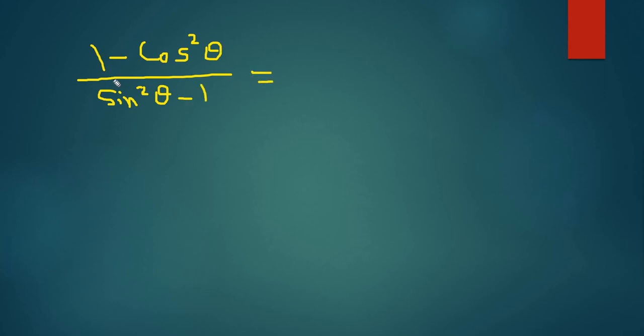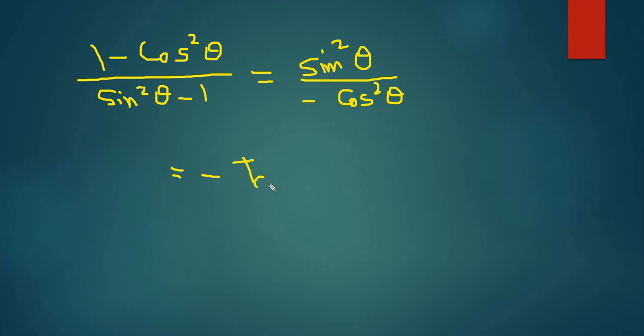Which choice does it give me? Let's solve it. 1 minus cosine power 2 theta equals sine power 2 theta. But sine power 2 theta minus 1 equals negative cosine power 2 theta. We get sine power 2 over cosine power 2, which equals tan power 2 theta. Tan power 2 theta. This is the solution.